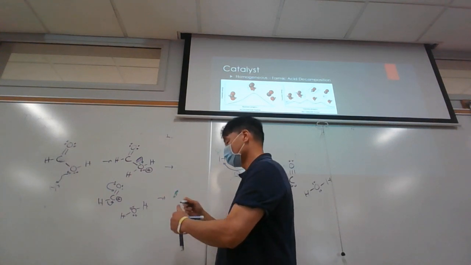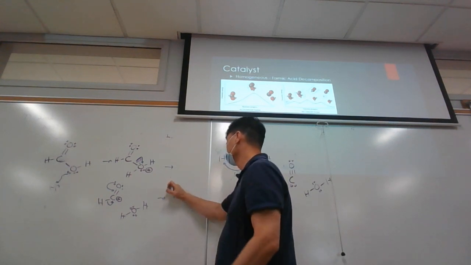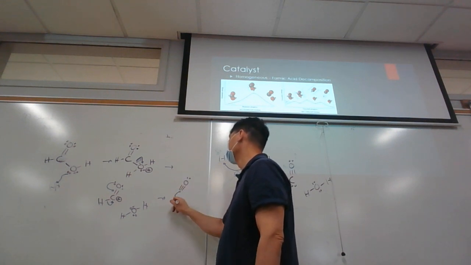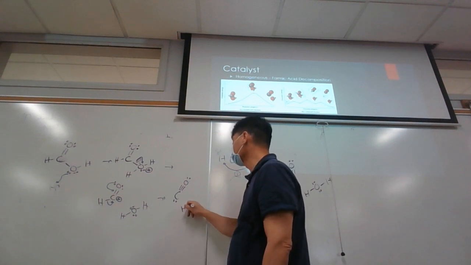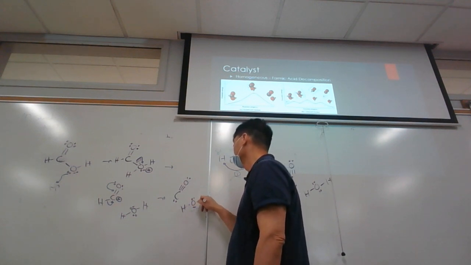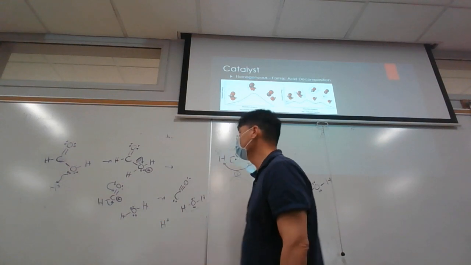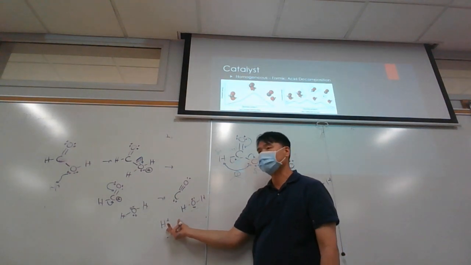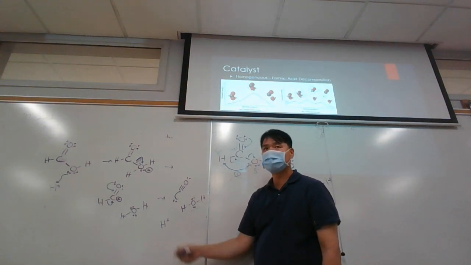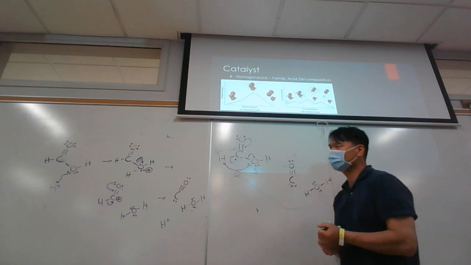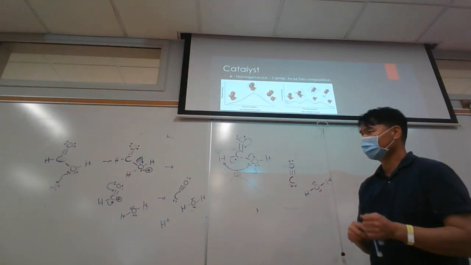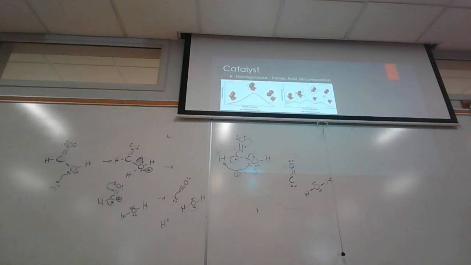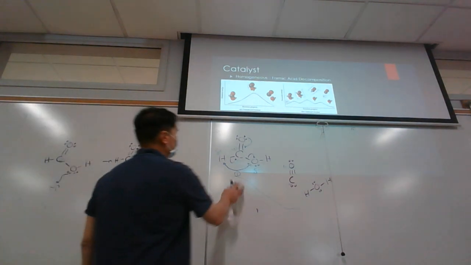We're going to end up with a C triple bond O. Carbon monoxide, a water, and the H plus. And so we regenerate the catalyst. So in the first step, we consume the H plus. In the last step, we regenerate the H plus. And so the catalyst participates in the reaction, but it's regenerated at the end. So its concentration doesn't really change over the course of the reaction.